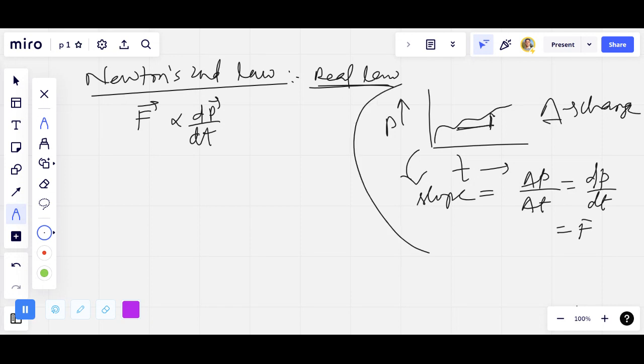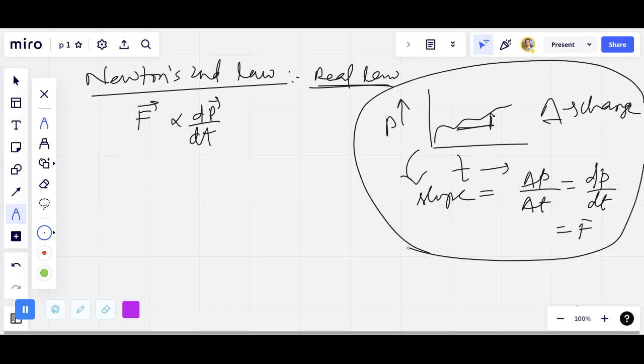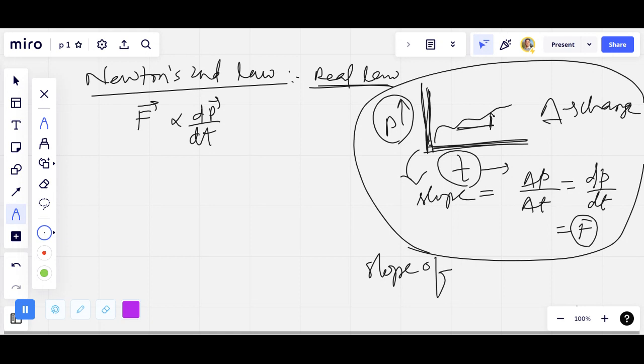Remember, these kinds of questions are asked in entrance exams. So the slope of a momentum-time graph will give force.